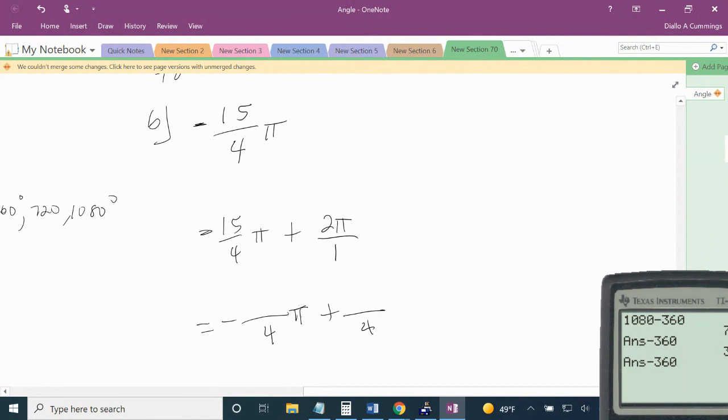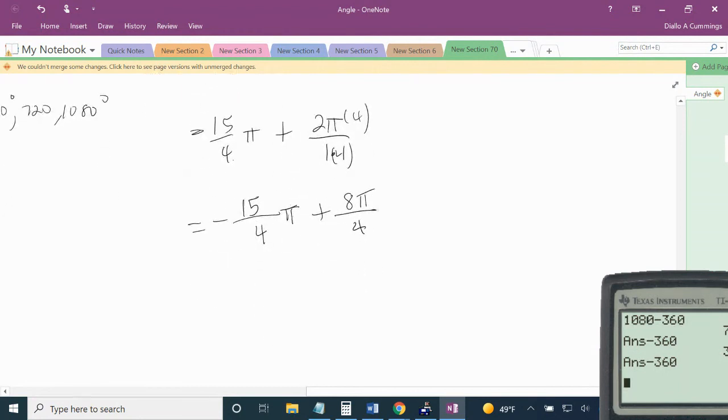All right, now I must make equivalent fractions. So for this first denominator, the 4 was multiplied by 1, right, to get 4. If I multiply the top by 1, that numerator stays the same. For the second fraction, that 1 was multiplied by 4. To get the common denominator, we multiply the top by 4, so we have 8 pi. And when we subtract fractions, we can keep the common denominator and combine the numerators.